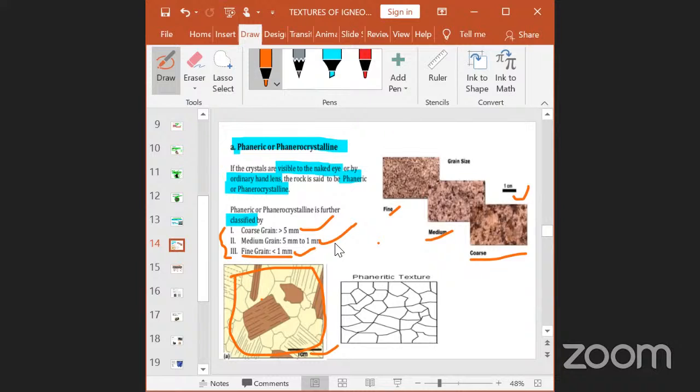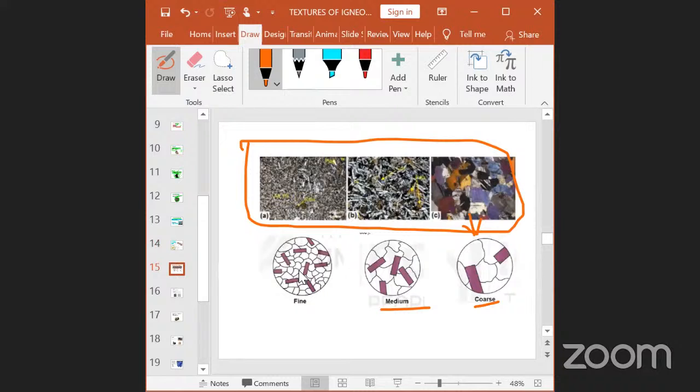And fine grain, that is small things here, is less than 1 mm. Here you see 5 mm to 1 mm, and this is greater than 5 mm, right?